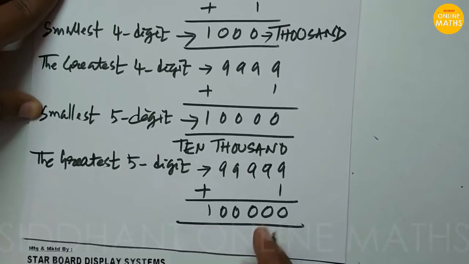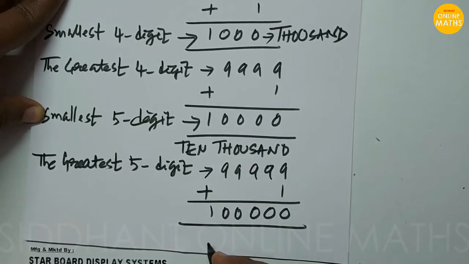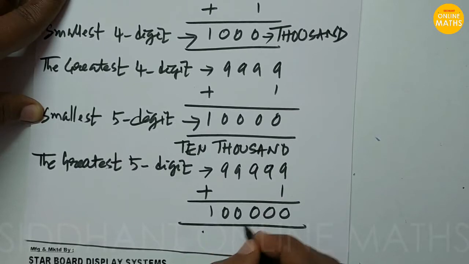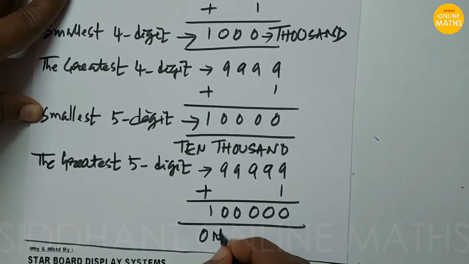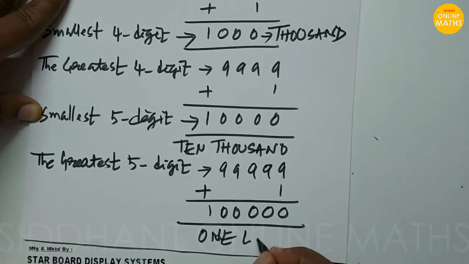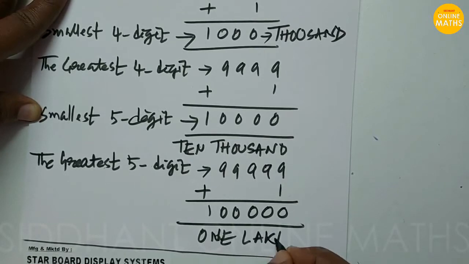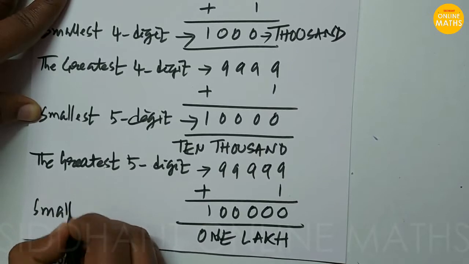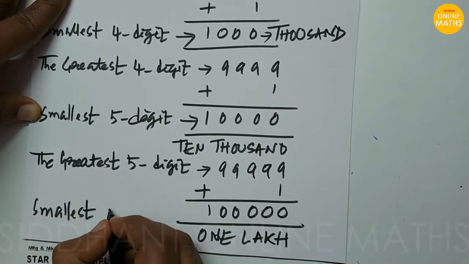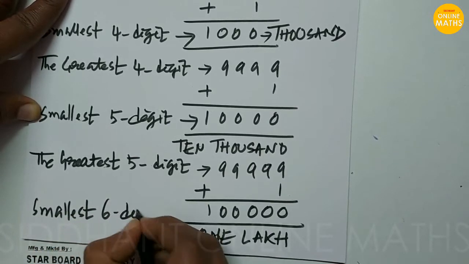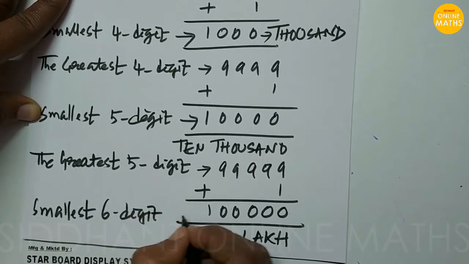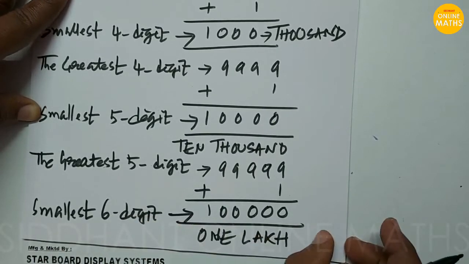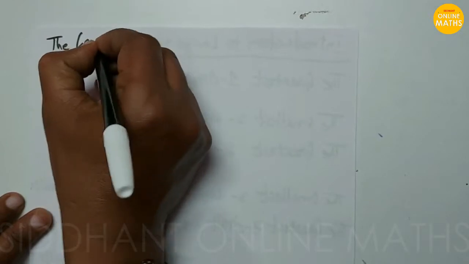Now how you are going to read this number? This is read as 1 lakh, and this is the smallest 6-digit number.